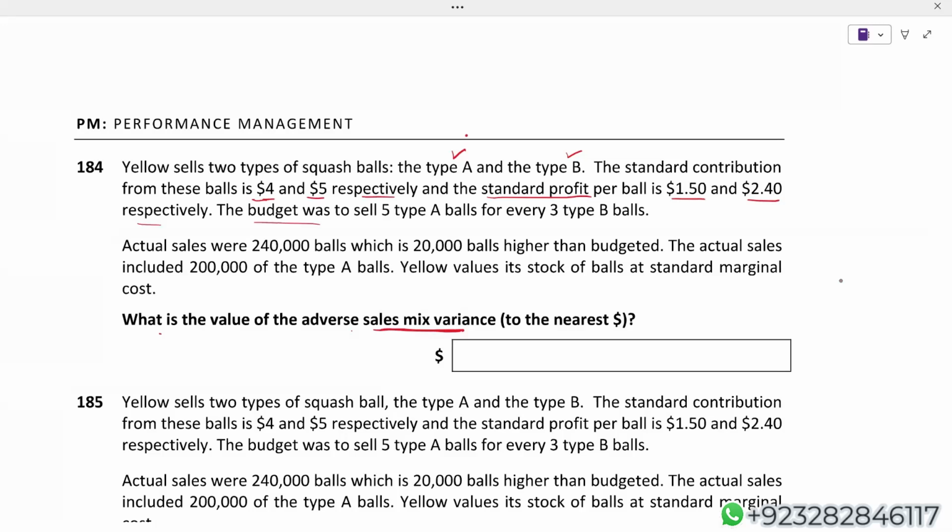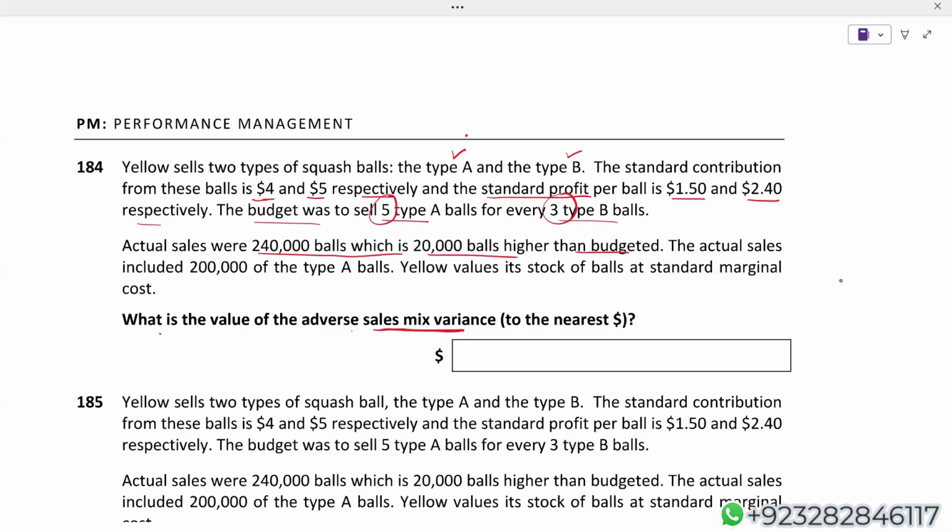Respectively, the budget was to sell 5 type A balls for every 3 type B balls. So the examiner is giving us the standard mix, which says the ratio should be 5:3. Actual sales were 2,40,000 balls, which is 20,000 balls higher than the budgeted.